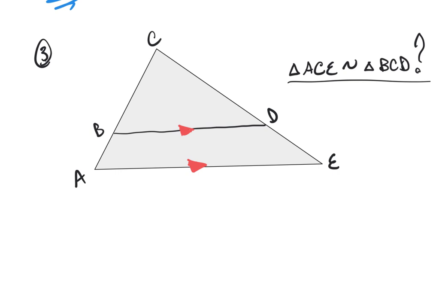Okay, well, our only shortcut again is AA. So we'd have to show that two angles of each triangle are equal. Okay, so can we get there? Well, we have a very, very easy one to start. We know that the angle at C in the big triangle is going to be equal to angle C in the smaller triangle because they're the same angle, the exact same angle, right?